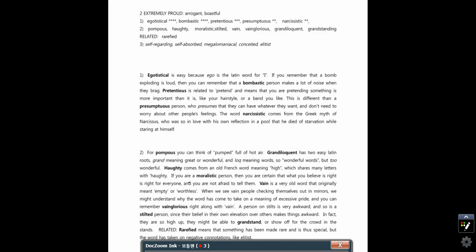Going back, egotistical is connected to ego here at the beginning of the word.